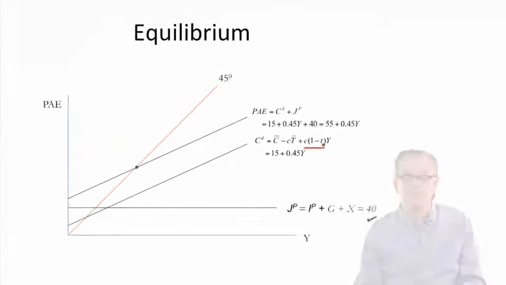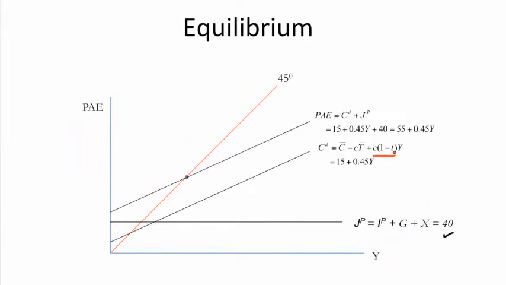You'll see that planned aggregate expenditure has a positive slope. In fact, it has the same slope as the consumption function. That's important because it reminds us that planned aggregate expenditure has a significant endogenous component. In other words, because variations in income lead to variations in household consumption spending, variations in income also lead to systematic variations in planned aggregate expenditure.